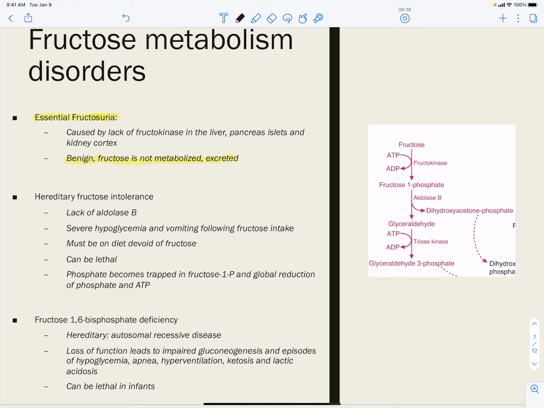If you have a high NADH to NAD ratio, this means you have low NAD. And so you need NAD in order to convert sorbitol to fructose.